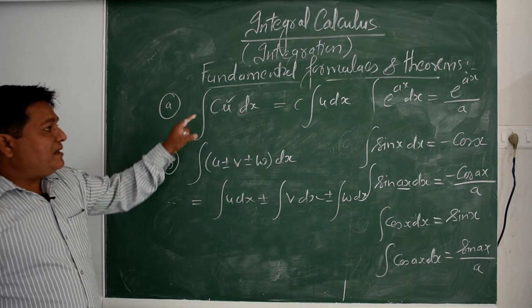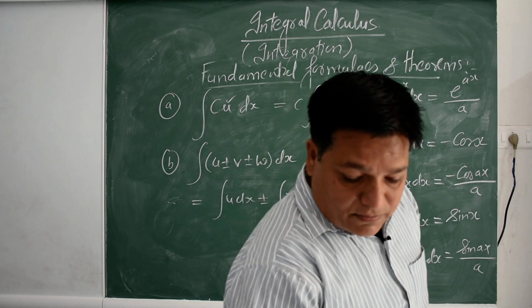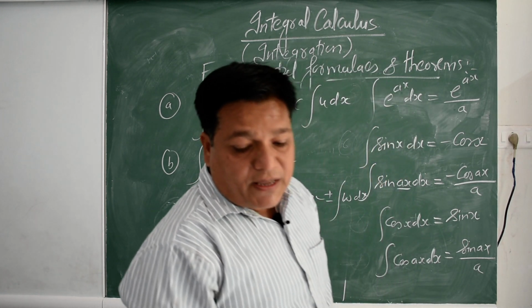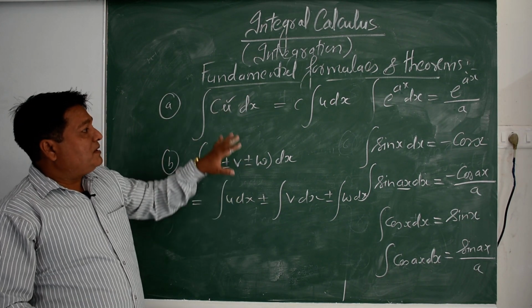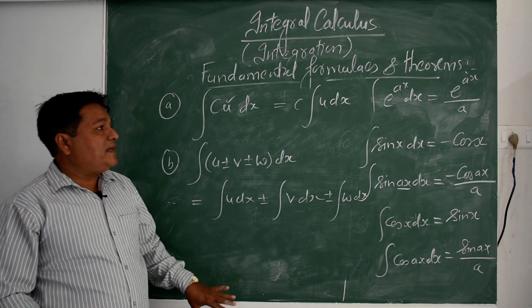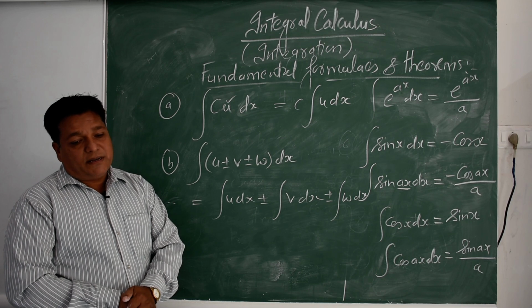Separately we can solve it. In this way we can integrate this. These are some formulas and some results related to the integration process. We use these two theorems and these formulas in solving problems related to integration.